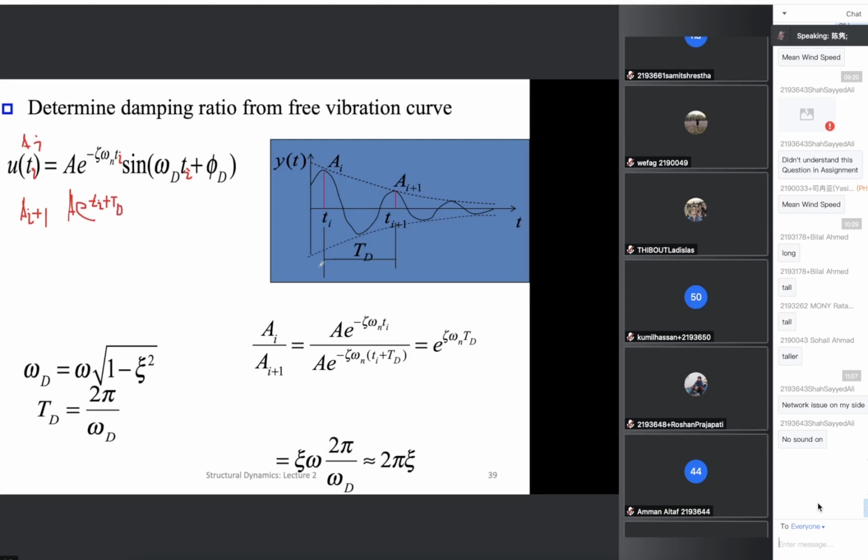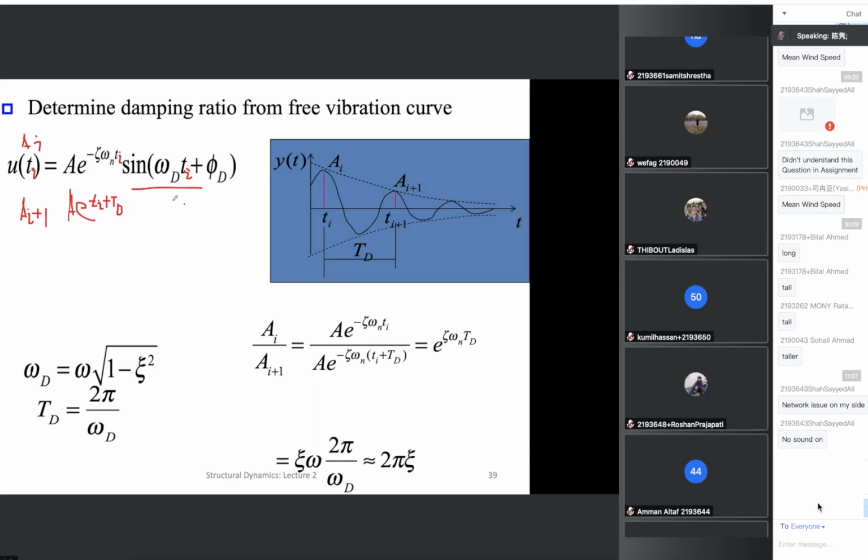Are you following me? So t_(i+1) means t_i plus T_d, and T_d is the period.